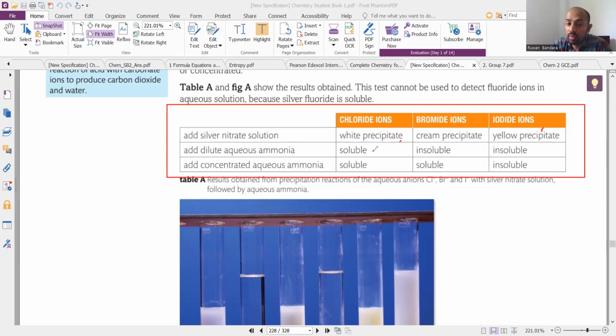Only the silver chloride precipitate will dissolve, not silver bromide, not silver iodide. Then you can add concentrated ammonia. Silver bromide and silver chloride will dissolve, not silver iodide. So this is how you identify the chloride, bromide, iodide ions. Remember, all 3 ions are colorless. These are halide ions. Copy this.